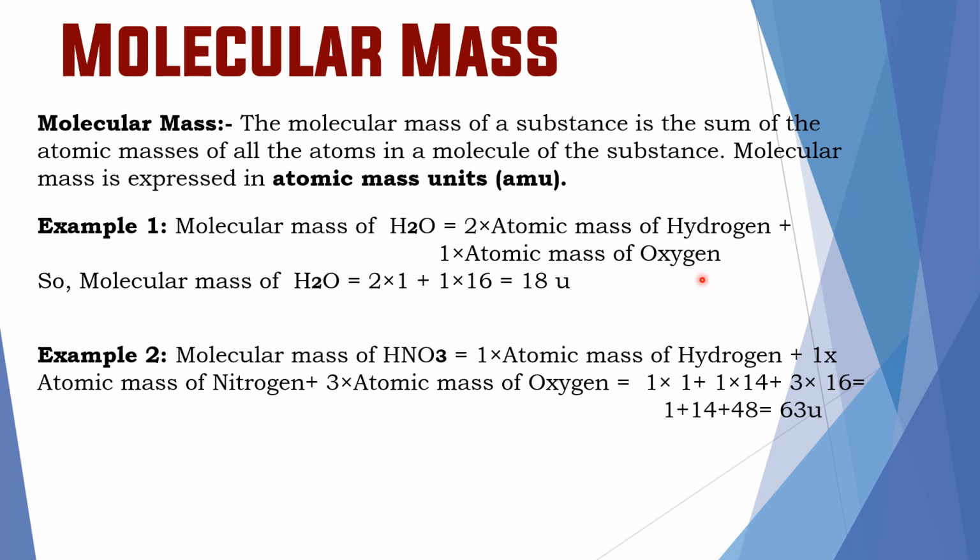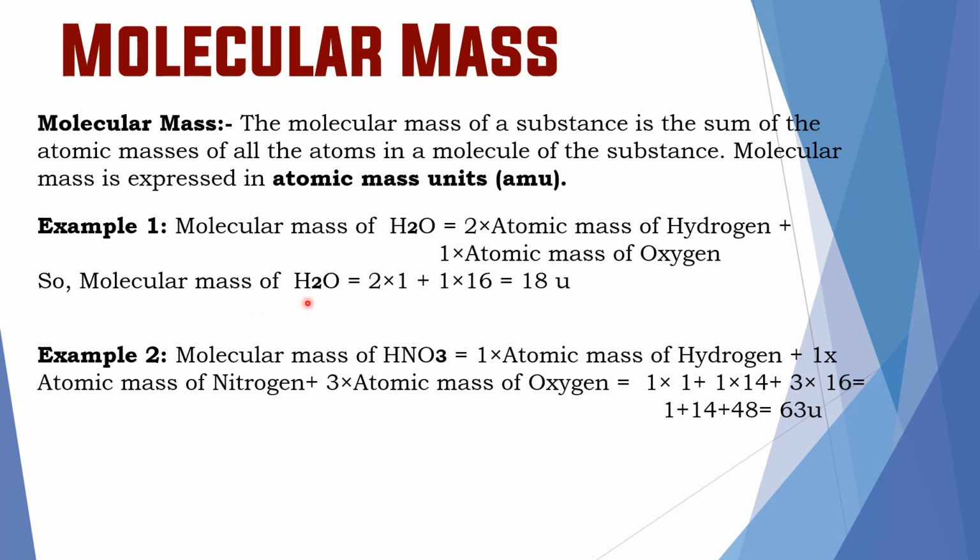Children, molecular mass is the sum of the atomic masses of all the atoms in the molecule. So we take all the atoms, their atomic masses, and we take the sum. Here 2 into atomic mass of hydrogen plus 1 into atomic mass of oxygen, because there is only 1 oxygen, and the 2 means 2 hydrogen atoms. Hope you understood that concept.